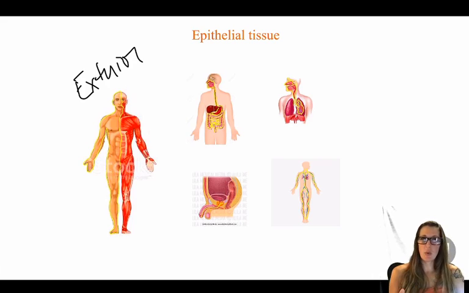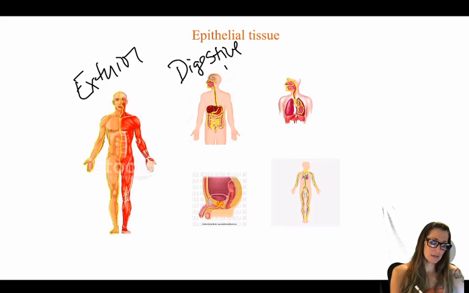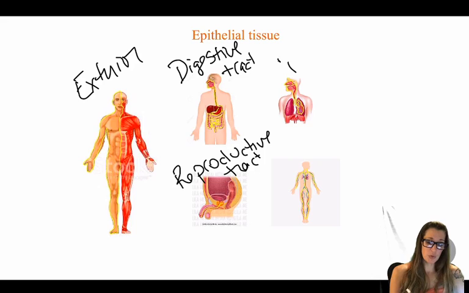This is probably the one that we're most familiar with, your epidermis. It lines the digestive tract, the reproductive tract, respiratory, and then it lines all the blood vessels.